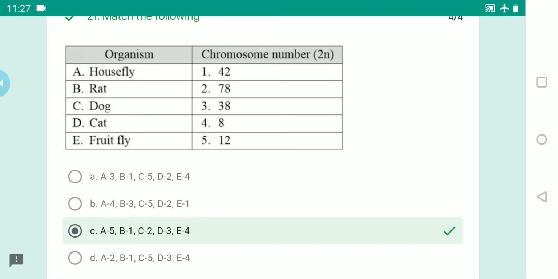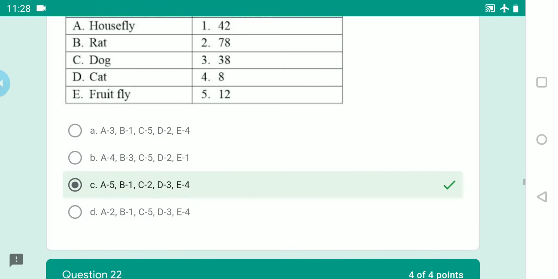What about the cat? Cat is 38. And fruit fly is only 8. That's why you must remember Drosophila melanogaster. Those things we will discuss in the 5th chapter. Now which is the right answer? Option C is the right answer.